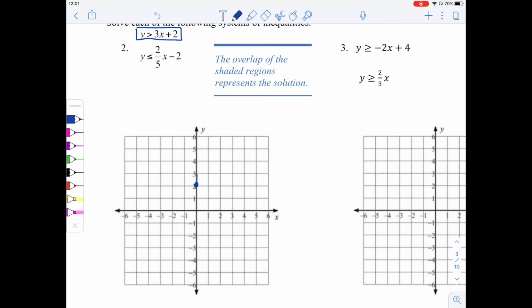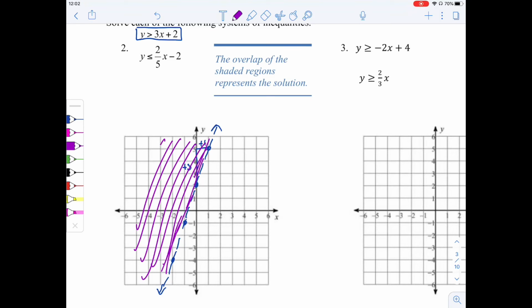Our slope is 3, so we go up 3, right 1, and then go the other way, same pattern. It's greater than, so it's going to be a dashed line, and we shade above. Everything above this line, we shade it. So that's the first one.